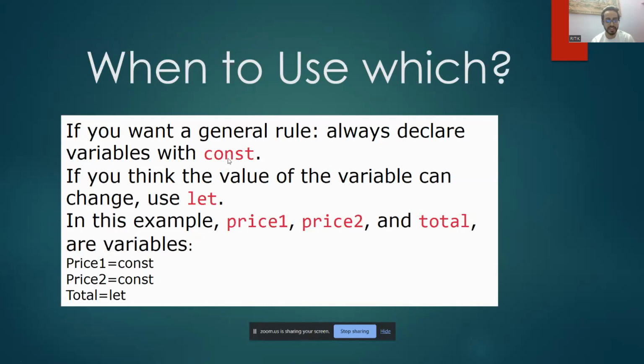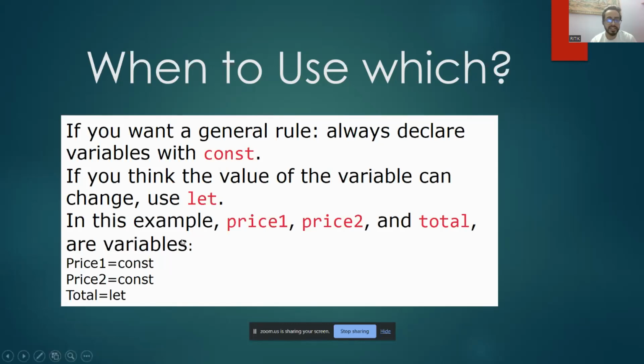So that's why it is a good habit to use const. And when to use let? If you have a variable and its value is constantly changing, it is good to write let, but in general convention it is always preferred to use const.